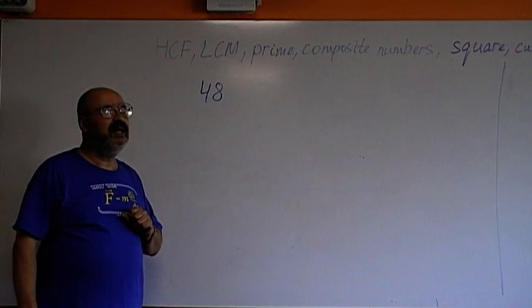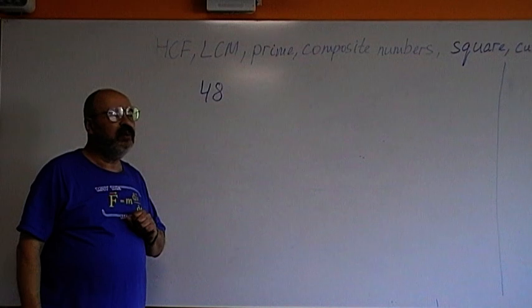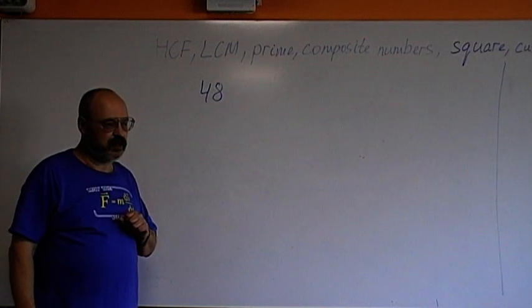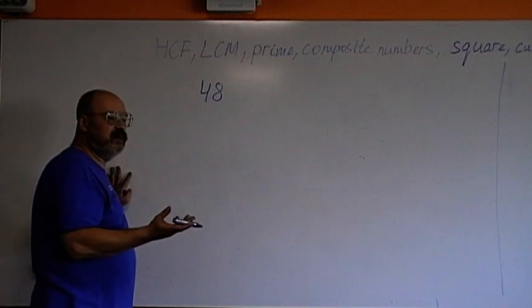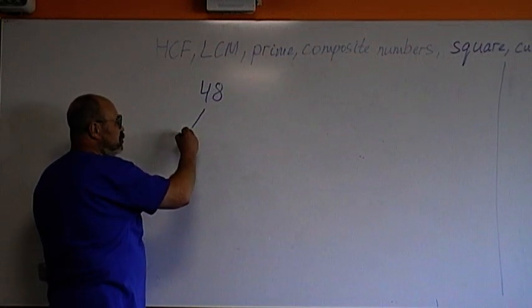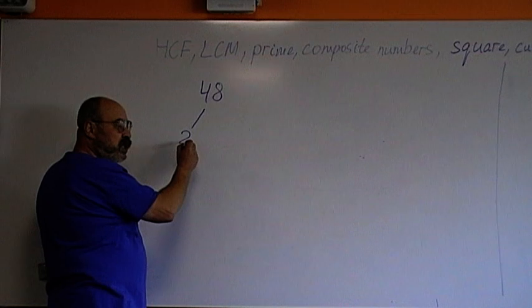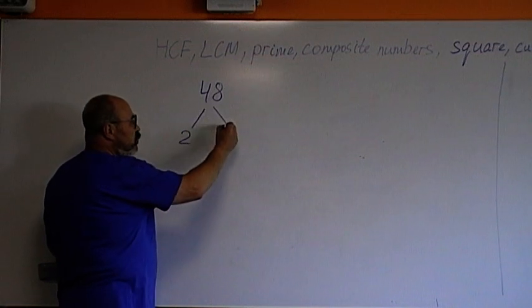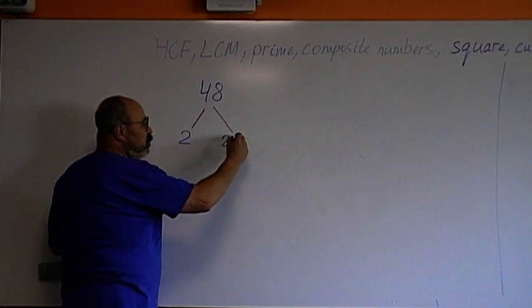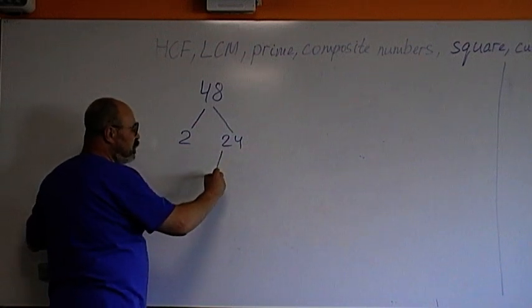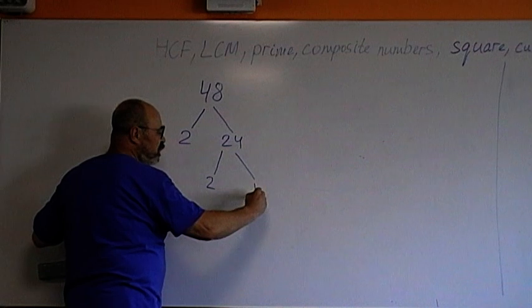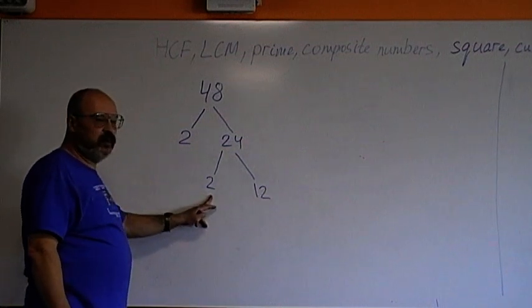And let's find all prime factors, that's called prime factorization. So 48 divided by 2 is 24. And 2 is a prime number. Is 24 prime? No. 2 and 12. 12 divided by 2. 2 is a prime number, we stop here.